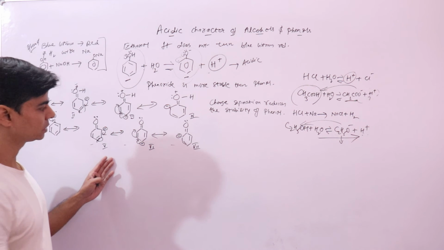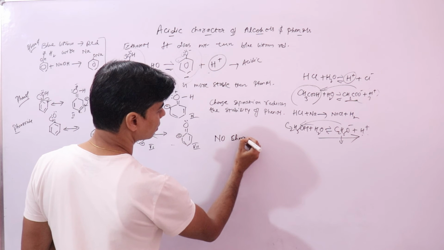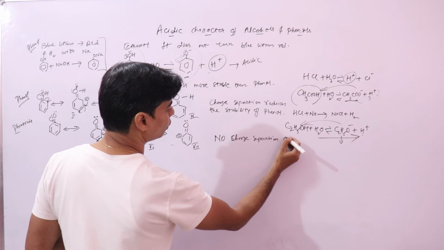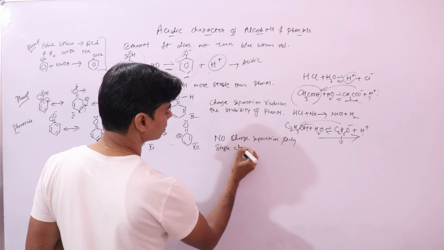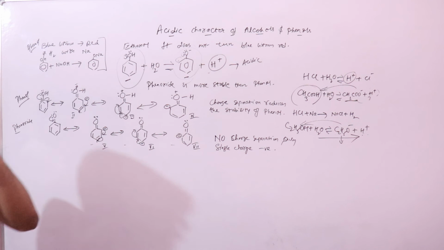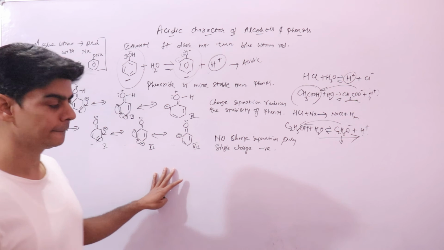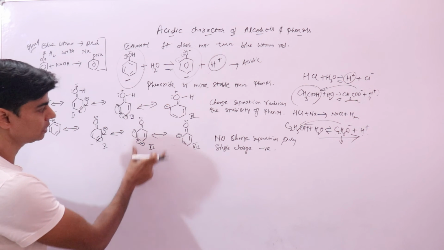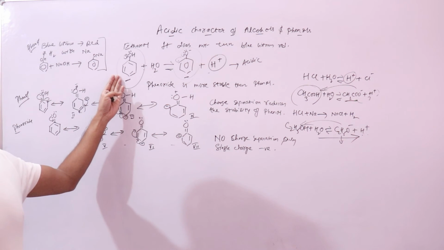Whereas in phenoxide, no charge separation, only a single charge, that is negative charge. I hope till this point it is clear. Since you have only negative charge, this is more stable than this. That means this phenoxide is now more stable than this phenol, right.